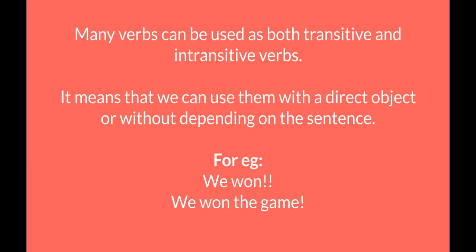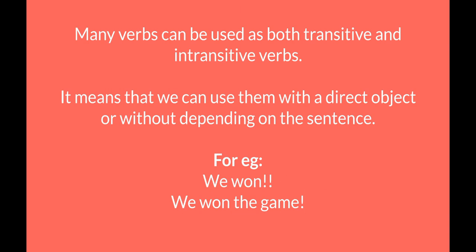Many verbs can also be used both transitively and intransitively. It means that we can use them with a direct object or without, depending on the sentence. Look at the following examples. We won and the next says we won the game.